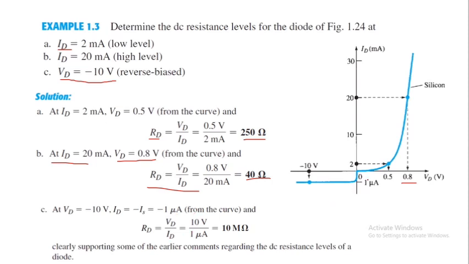Putting this in the equation, VD over ID, the negative sign will cancel out. So 10 volt over 1 microampere will give us RD of 10 megaohm, which clearly supports some of the earlier comments regarding the DC levels of a diode in different regions.